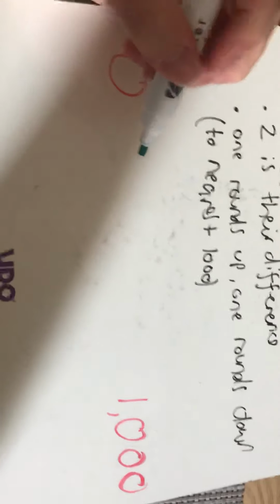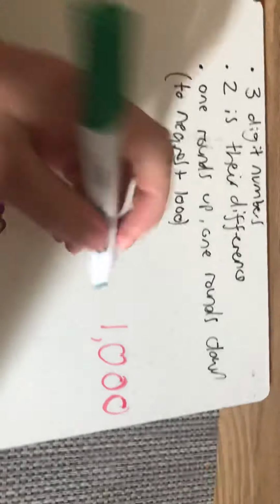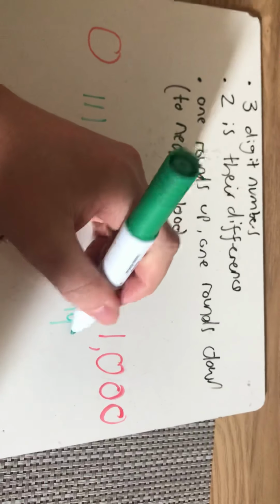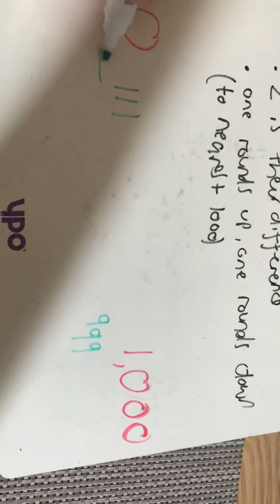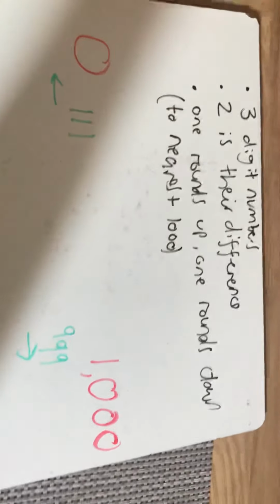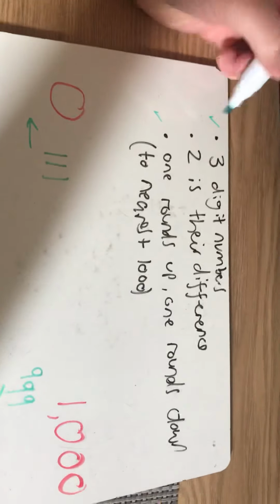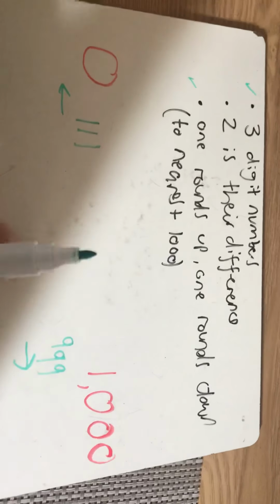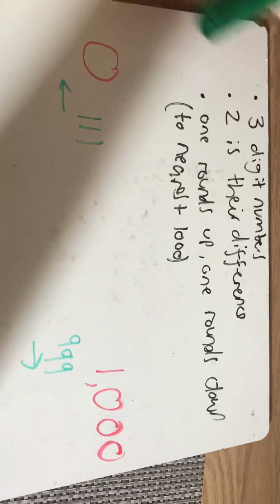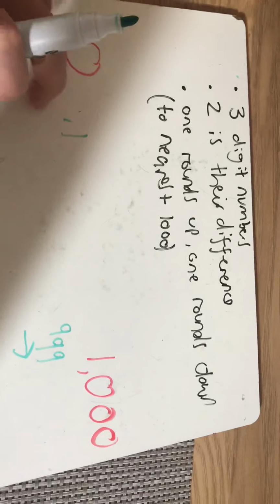So I could try and be quite crafty and go, oh, I think the number might be 111 and then this one's 999. Because that one rounds there, and that one rounds there. It does tick this box, but their difference isn't 2.